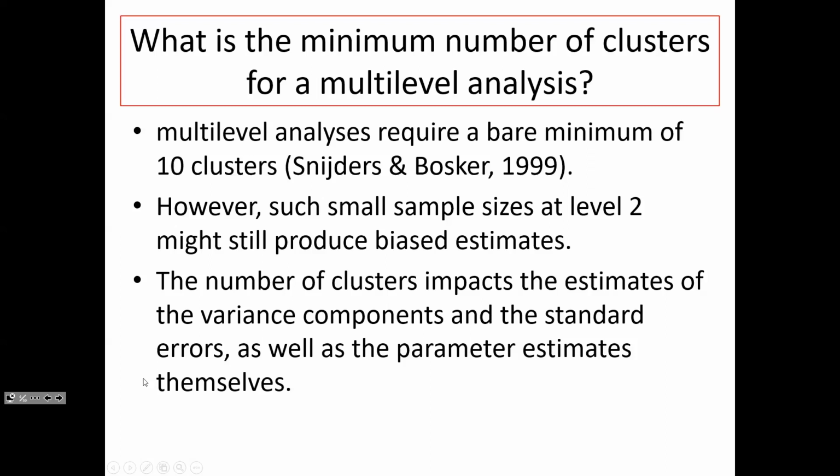We think we've set a type 1 error rate, but we don't actually have the type 1 error rate that we've set. We're going to get too many type 1 errors or type 2 errors, depending on the direction of the bias. So bias in the standard errors of the fixed effects, because that's what we use to determine statistical significance, is also problematic, assuming you want to do tests of statistical significance, which most people do.